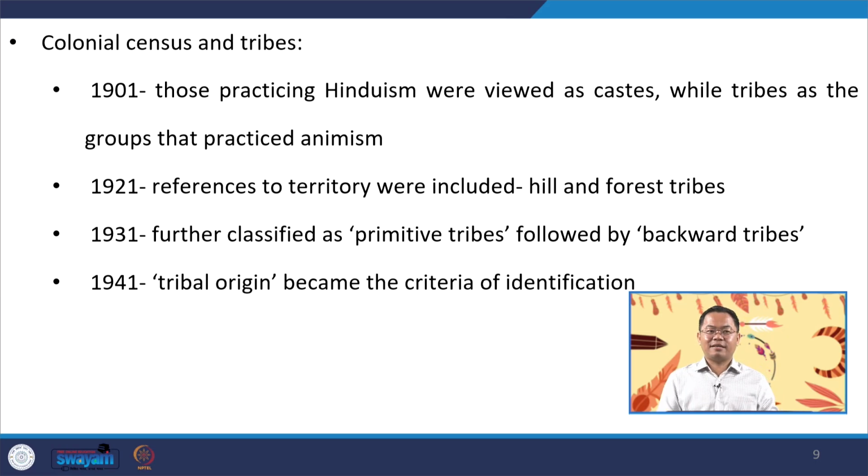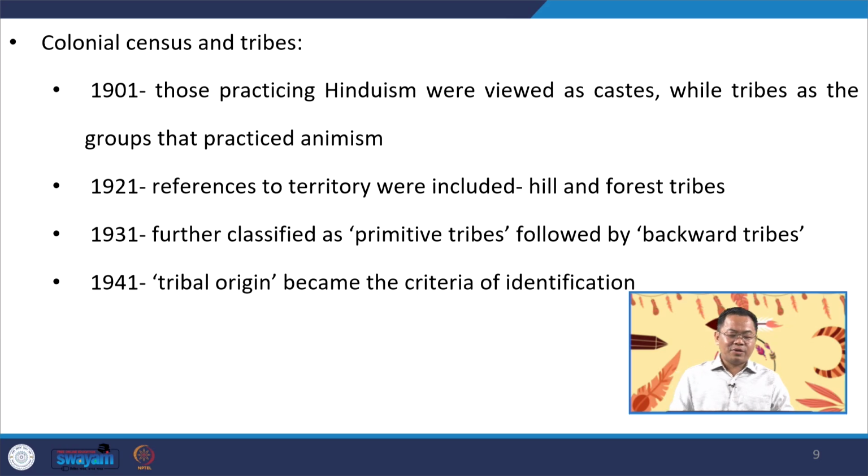So, the first criterion was, more or less, the use of religion to identify communities, say Hinduism, Islam or Christianity, or in the context of tribes, communities who practice animism. So, religious belief in a sense was the first criterion used to designate communities as tribes.